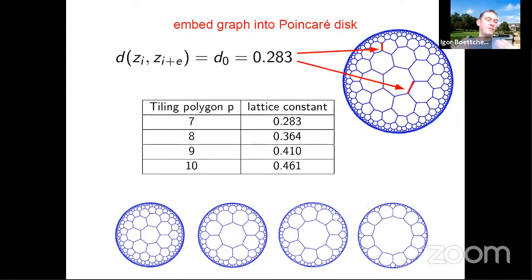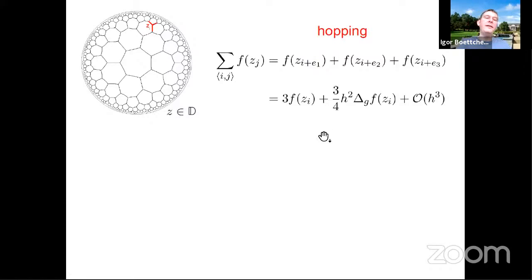So you might think about having a continuum description, which is an expansion in powers of this lattice constant. And we actually did that. So I have to be really brief here. Feel free to ask me afterwards or look into our nice paper. So you have this hopping term in the Hamiltonian, which just tells you if you sum a site over its neighbors, so you evaluate a function at its 3 neighboring points. Say if this site is i, then it has 3 neighbors. And this can be expanded in a Taylor series. And the first term is just 3 times this function.